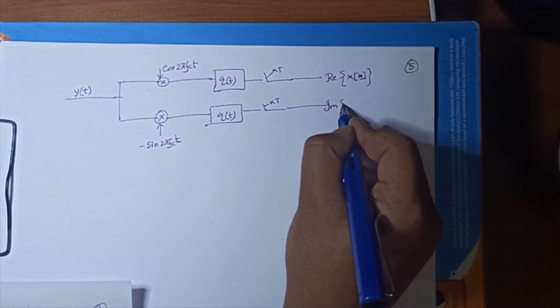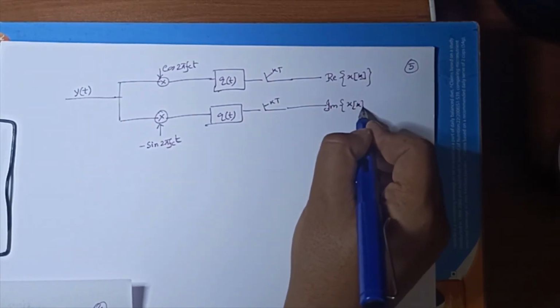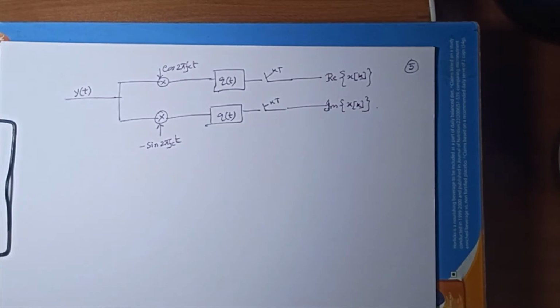This is imaginary of xk. And now from there you have to basically do the decoding. You have to basically get back the bit stream. So it is a simple task, not that difficult.